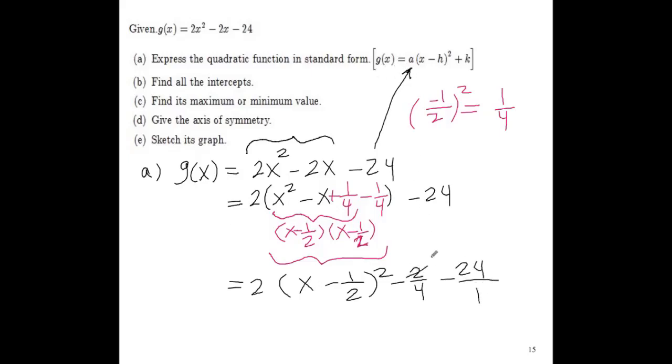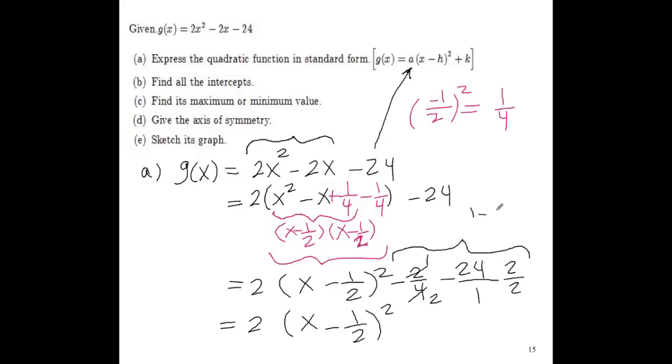So this would be minus 1/2. You're going to combine that with minus 24. The LCD is 2. So I have 2 times x minus 1/2 squared. If I combine these two terms together, I get minus 1 minus 48 over 2, so I get minus 49 over 2.